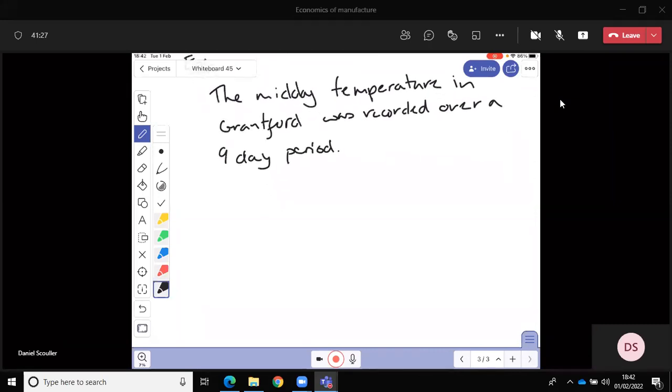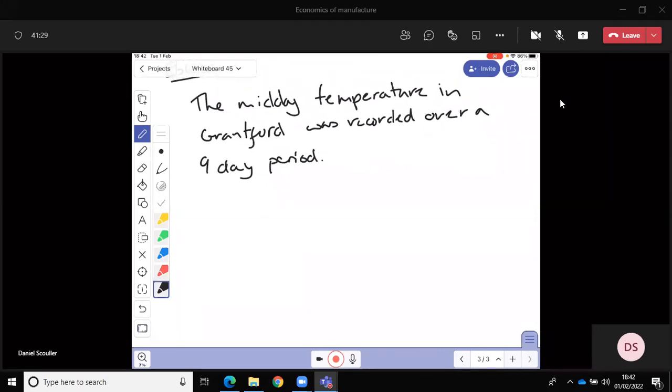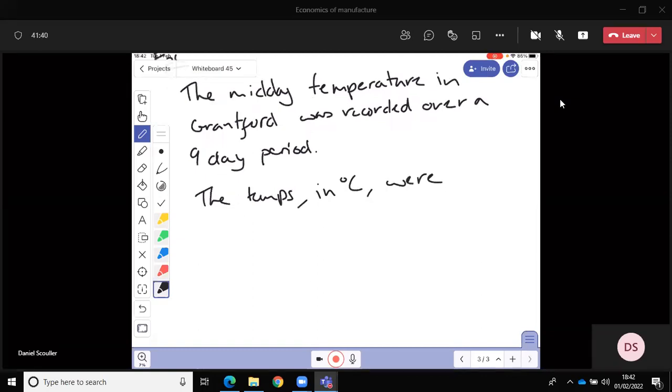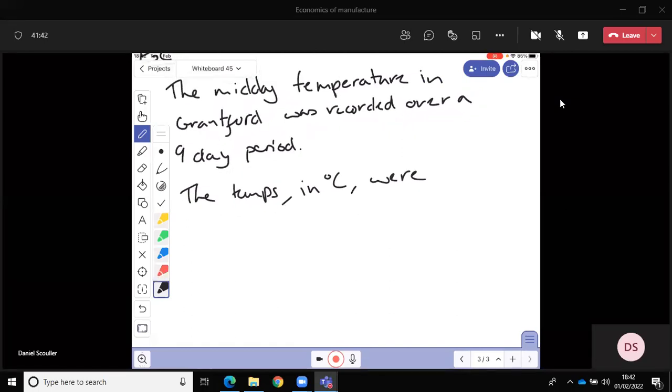So we're going to get 9 bits of data, temps. 1, 2, 3, 4, 5, 6, 7, 8, 9.